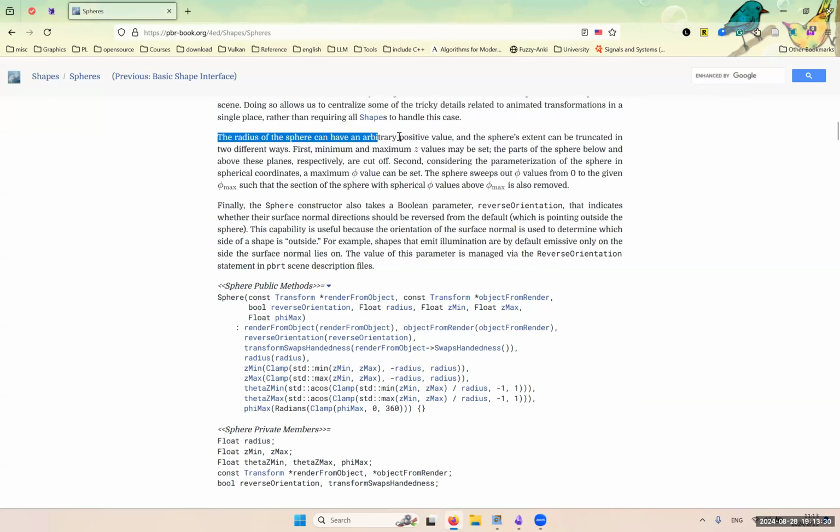The radius of a sphere can be an arbitrary positive value. If we set maximum and minimum z values, then the parts of the sphere below and above those planes will be cut off.